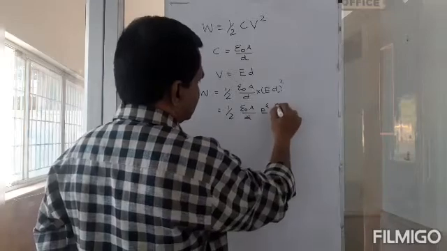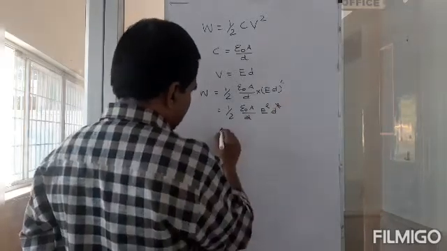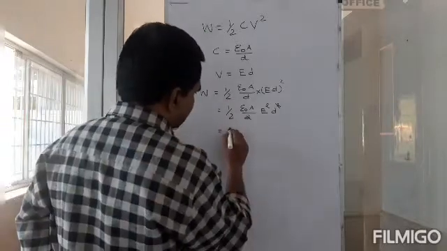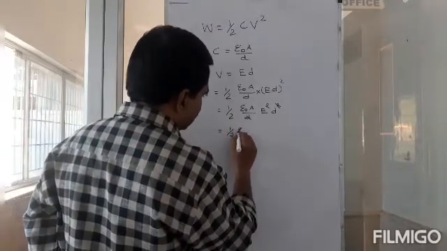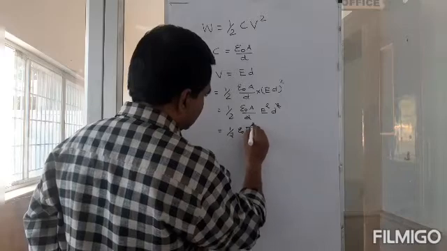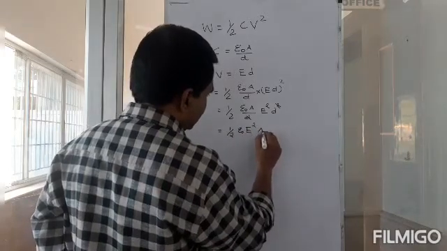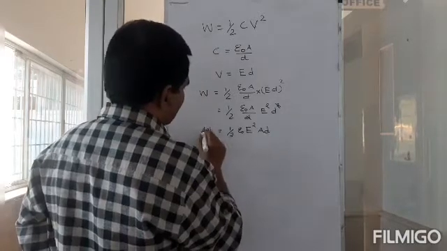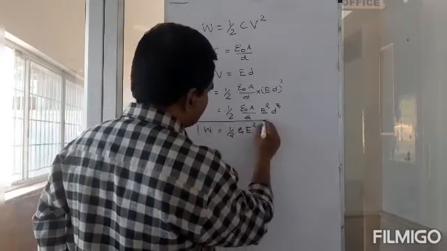So the D and D can be cancelled. I can rearrange this equation this way: half epsilon naught E square into A into D. That's the work done or energy stored in a capacitor.